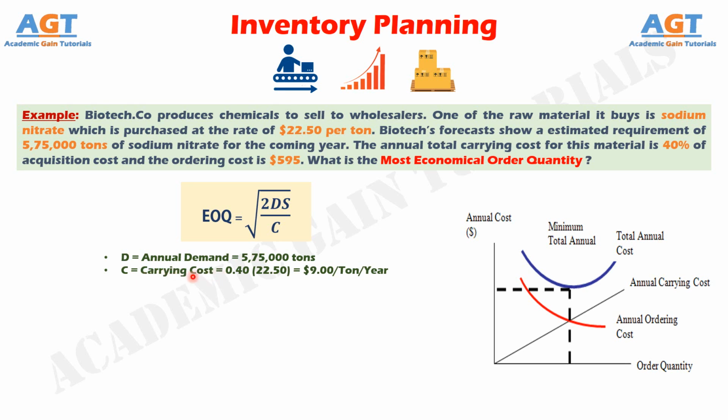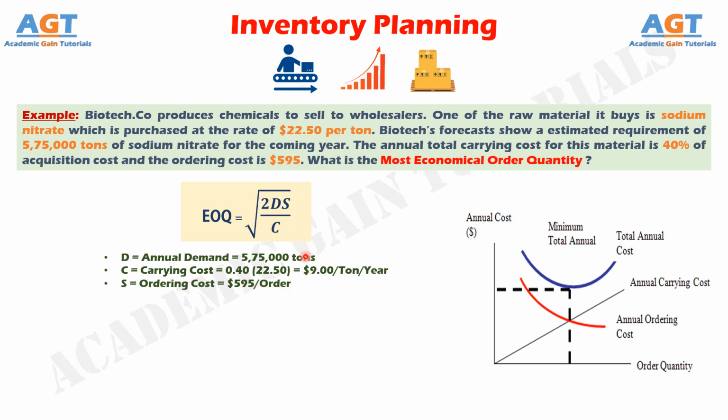Thus, the carrying cost, C, equals 40% of the acquisition cost of $22.50 per ton, which gives a carrying cost of $9 per ton per year. And the last thing we need is the ordering cost, which is given directly in the question: the ordering cost is $595 per order.